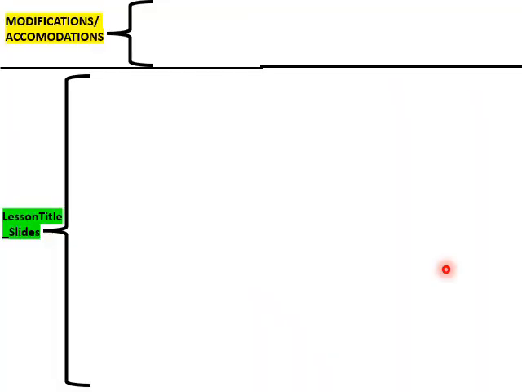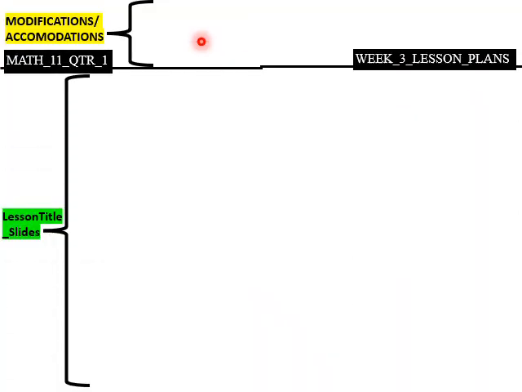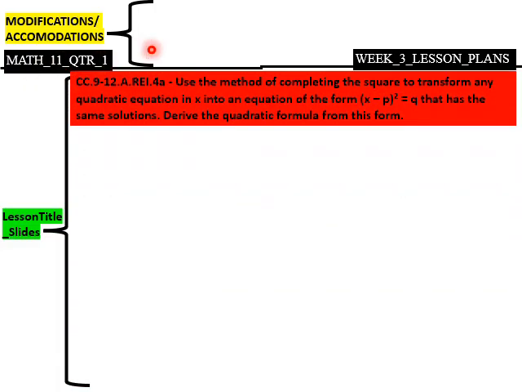So let us go into modifications and accommodations for week 3, Math 11 Quarter 1. We don't get into that yet. We're going to go into one of the standards we're covering, A.REI.4a.